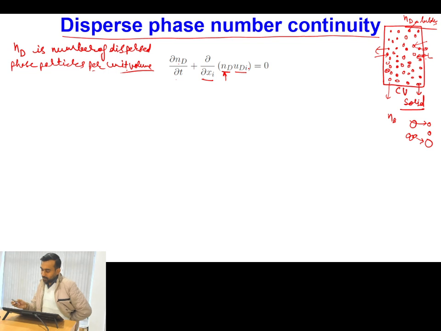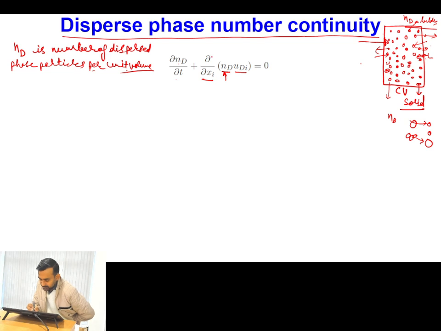Depending upon its velocity, a particle can move out of the boundary, and it also depends upon which face we are calculating, because positive velocity at this face will indicate entry. So depending upon the orientation of the face and the velocity of the particle, this particle can go in and can come out.